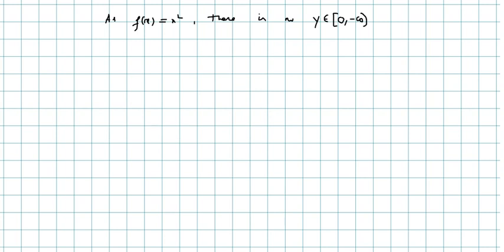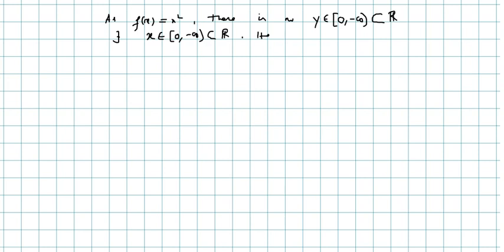Close bracket means 0 is included, minus infinity is not included. But this is a subset of real. There is no x on this side.